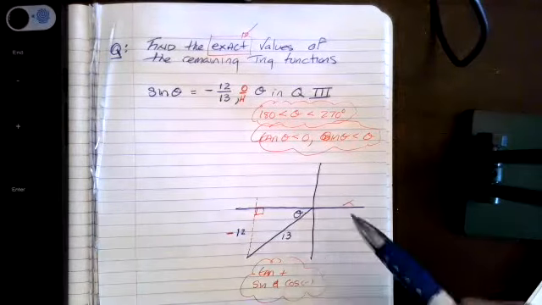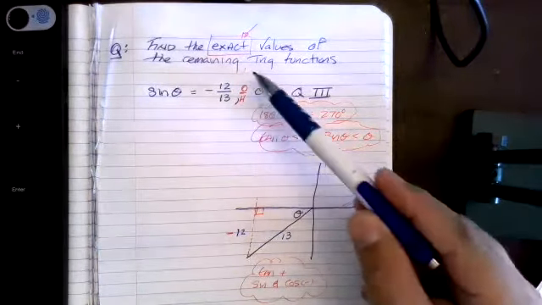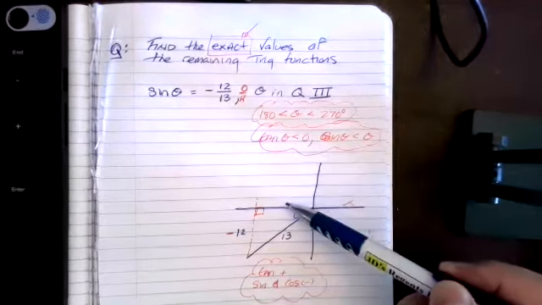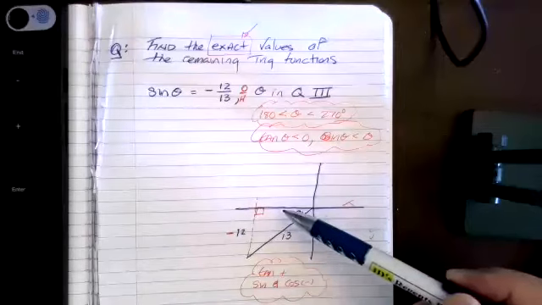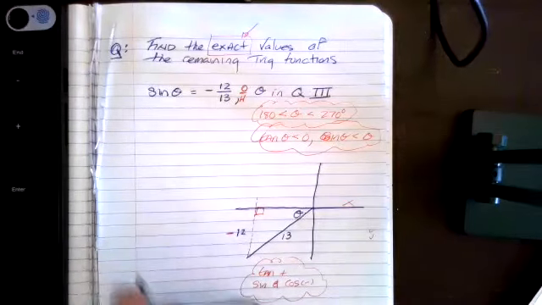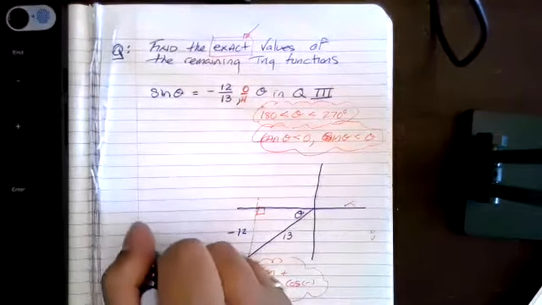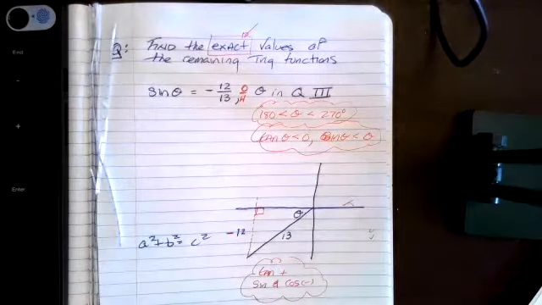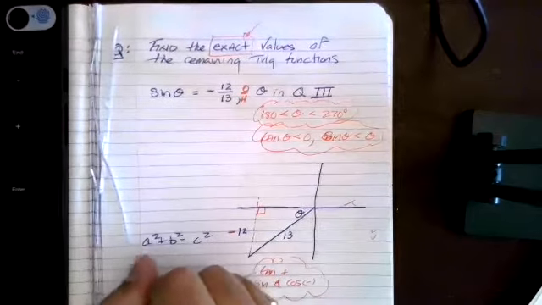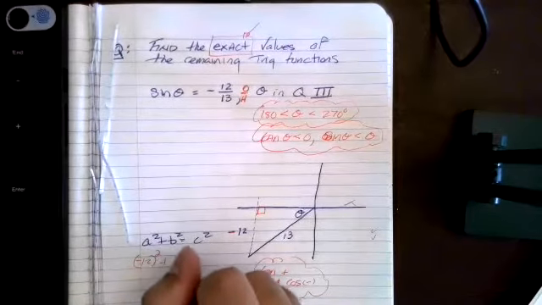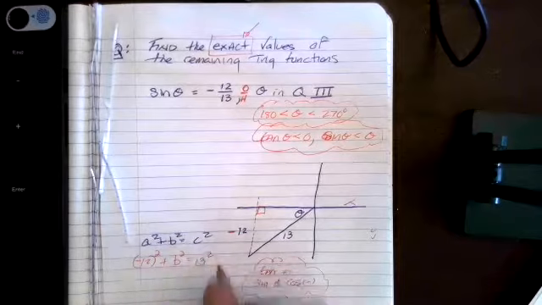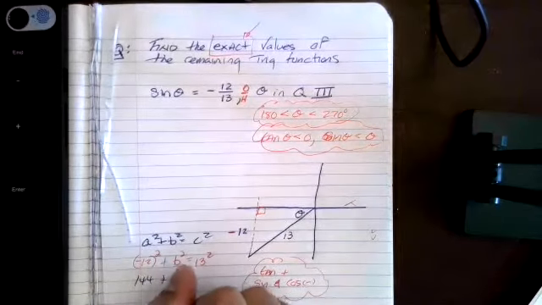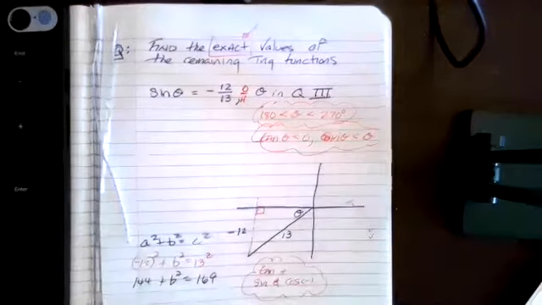So before we go on to find the remaining trig function values, we need to find this side. So we're going to have to do a little Pythagorean theorem here. a squared plus b squared equals c squared. So we could say negative 12 squared plus b squared is equal to 13 squared. 144 plus b squared is 169.